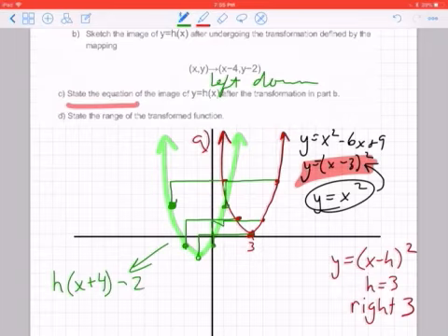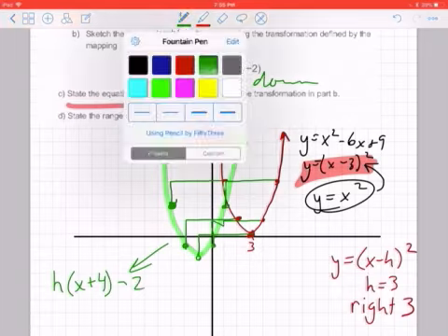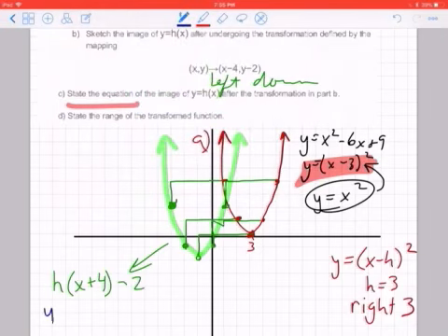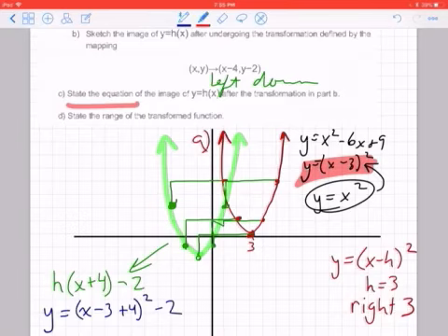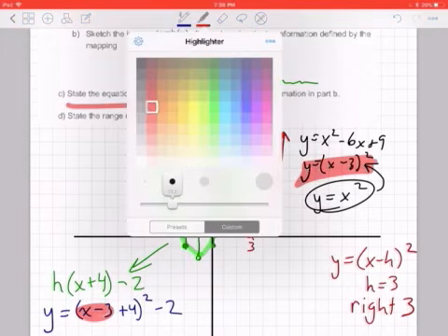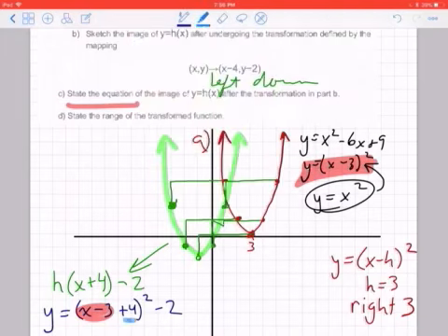So now that we know that the function is actually the squared function, we can turn that into y is equal to x minus 3 plus 4 squared minus 2. Okay, so I have the original function, which was x minus 3 squared, but now I'm going to put in a horizontal translation of plus 4, right?